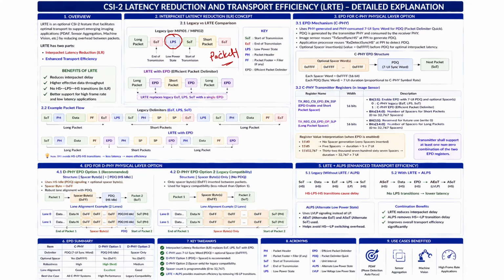It is also used to reduce how much time is wasted, how much power is wasted, and how the bandwidth is utilized. So it reduces the power, time, and bandwidth wasted.